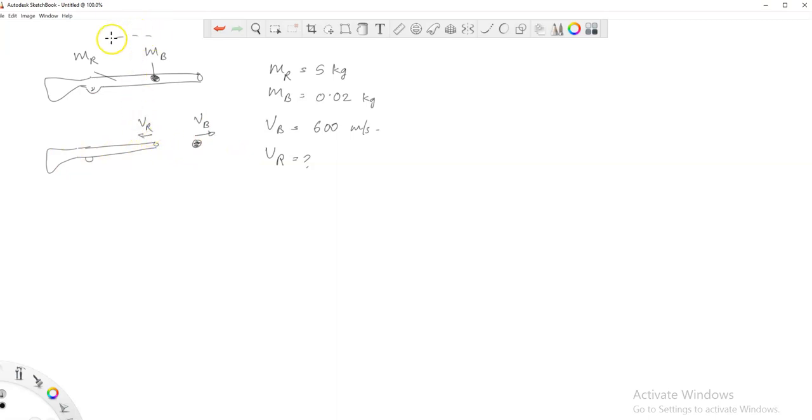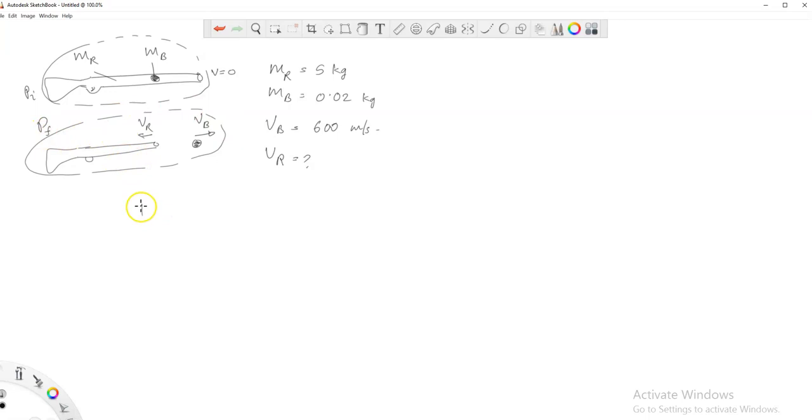Now we take this as our initial system, this whole thing with the bullet inside the rifle. Nothing is moving, right? The whole thing was stationary. Now we have two separate pieces, the bullet and the recoiling rifle. So this is our second system, and this system has velocities. This is the initial system, and I'm going to say the momentum of that is P initial. Here's the P final, momentum final.